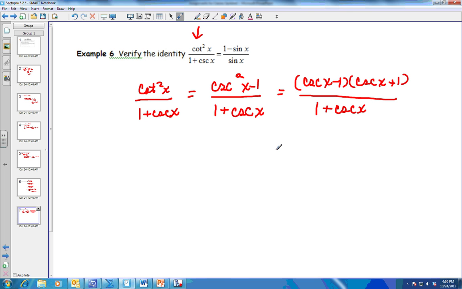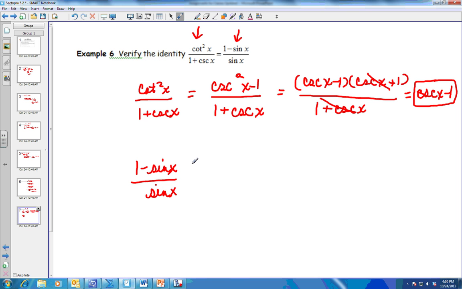Now do you see what cancels? This will cancel, and I end up with cosecant x minus 1. Okay, so let's see if we can make this side look like cosecant x minus 1. Well, let me write it down: 1 minus sine x over sine x. This one's pretty easy to make look like that.